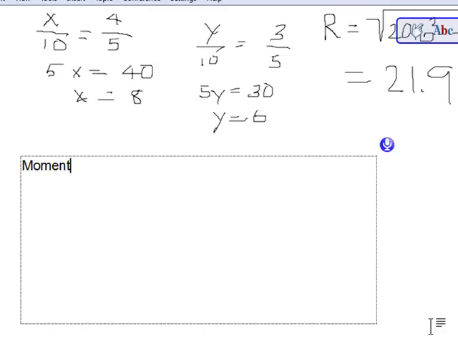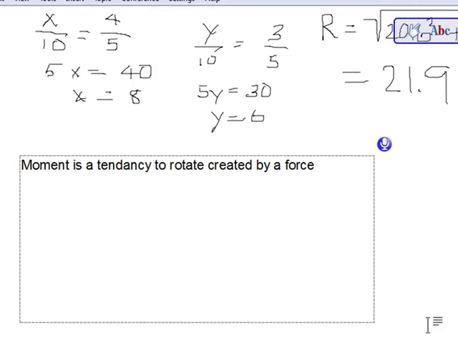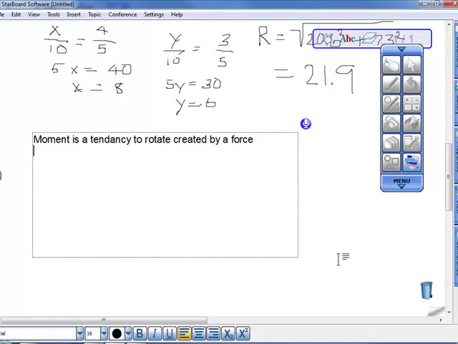It's not an emotional movement. A moment is a tendency to rotate. It's rotational movement created by a force. That's a moment. The magnitude of a moment is what?